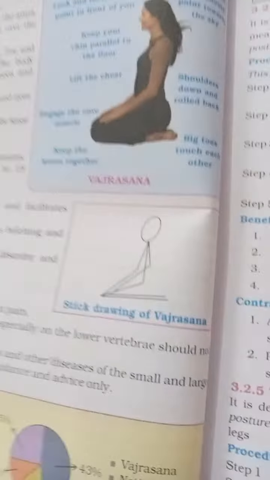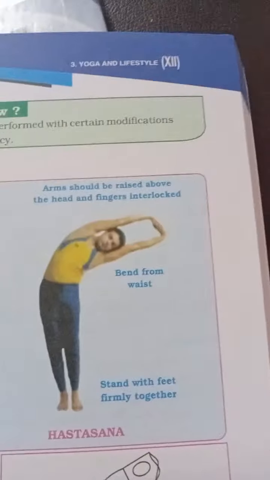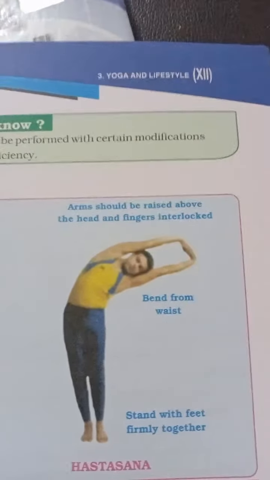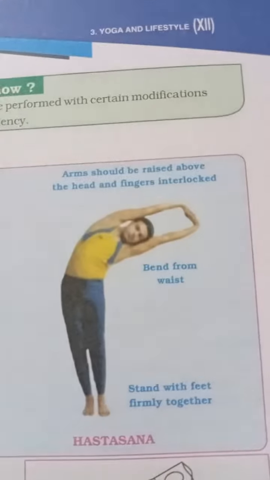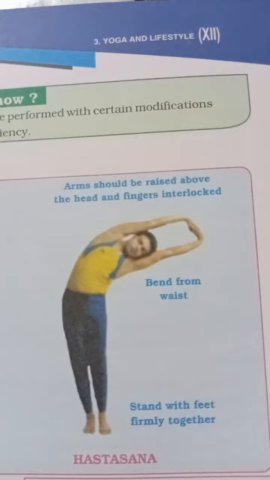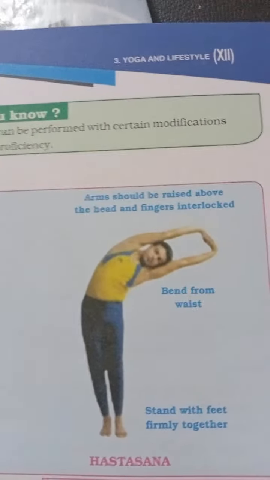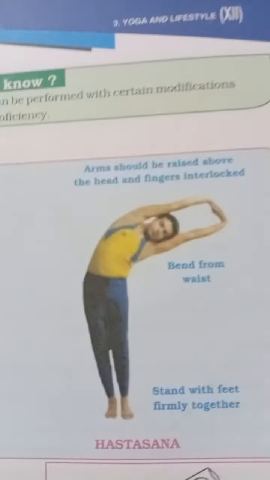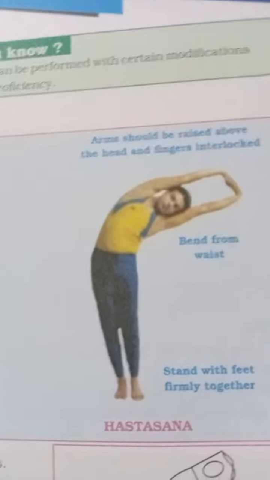So now let's go for Hatasana. This is Hatasana. It is derived from Sanskrit words hasta, meaning arms, and asana, meaning posture. Procedure: stand on the ground with feet together.